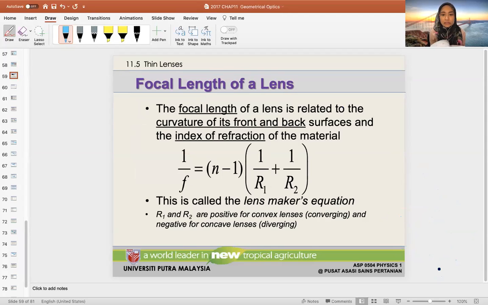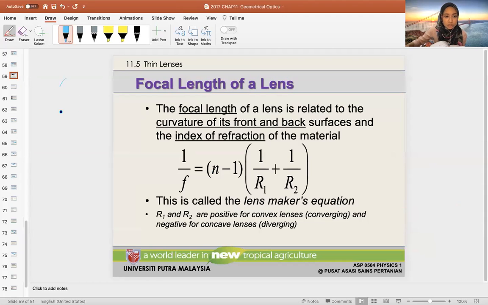Okay, so the focal length of a lens is related to the curvature of its front and back. What is the curvature of its front and back? We've seen in the earlier picture, but never mind. In your textbook, there are biconvex, convex concave, plano convex, biconcave, and so on, on page 141.